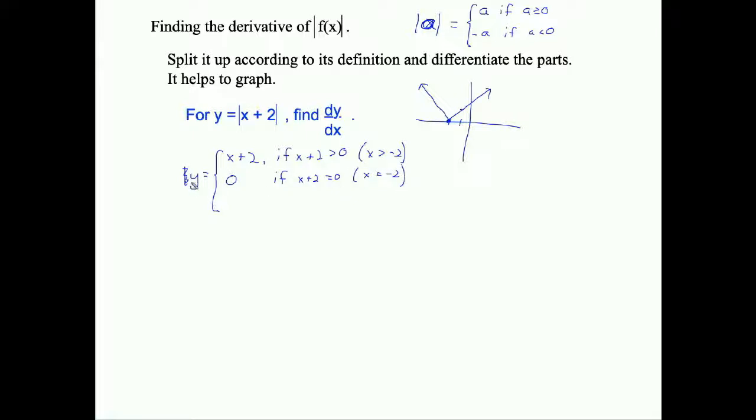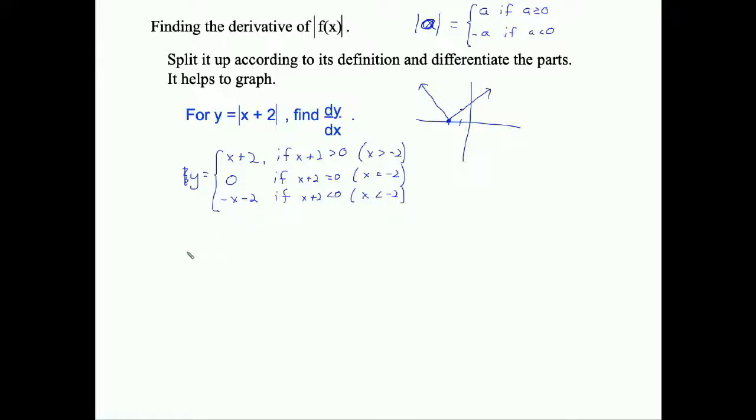And y is equal to the opposite of this, so negative x minus 2, if x plus 2 is less than 0. Remember, if what's inside here is negative, you have to do the opposite of it. If we were to solve this, this would just be x is less than negative 2. And so this is what y is equal to.